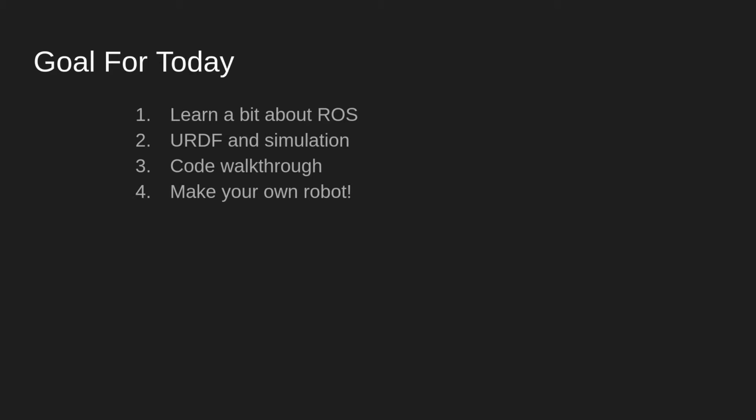And then we will jump into some code where I'll walk you through what the code looks like, how you can change the code to make your robot, and how you can write your own nodes to control the given robot. And finally, I'll leave you with an exercise where you can play around with the code and try to make your own robot, basically.